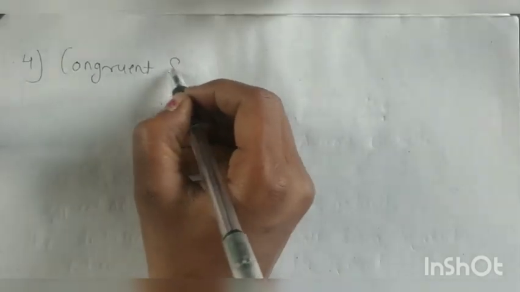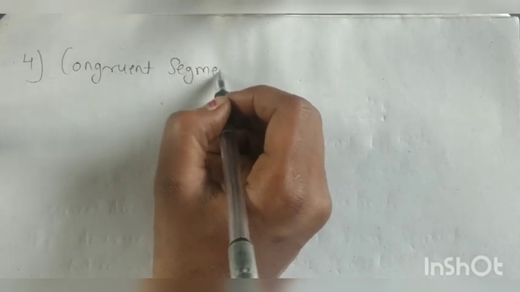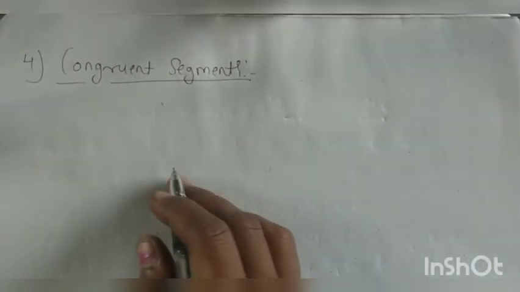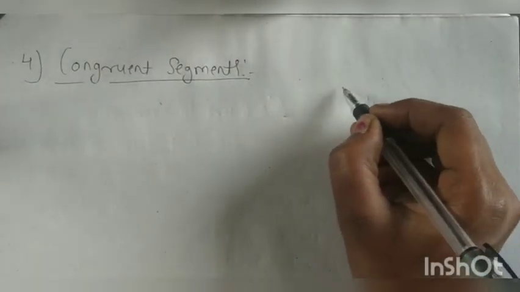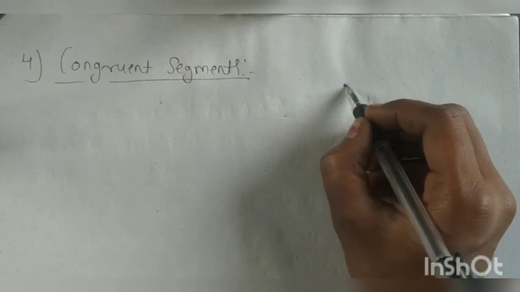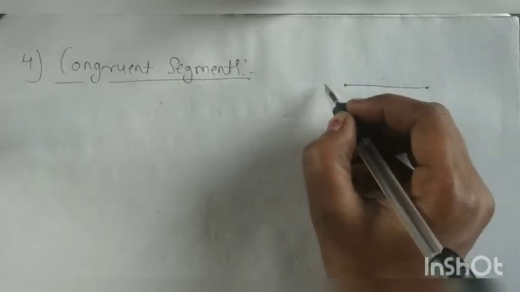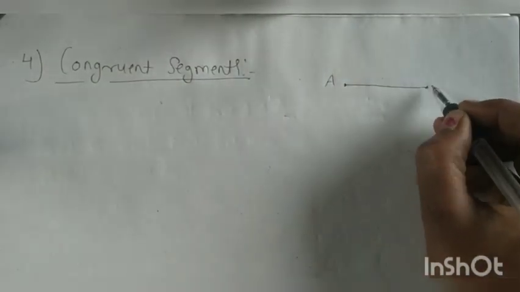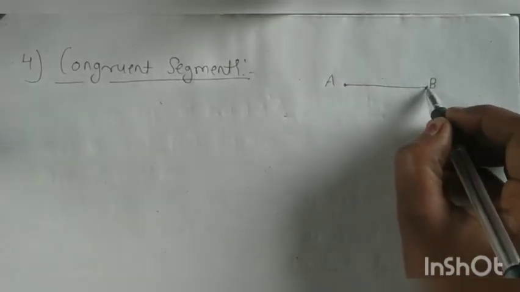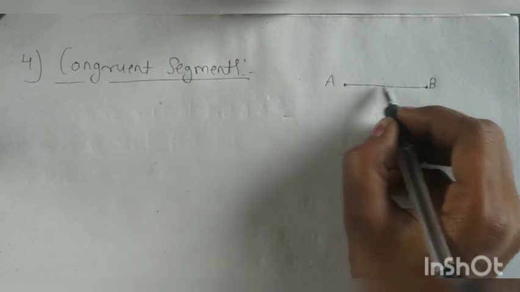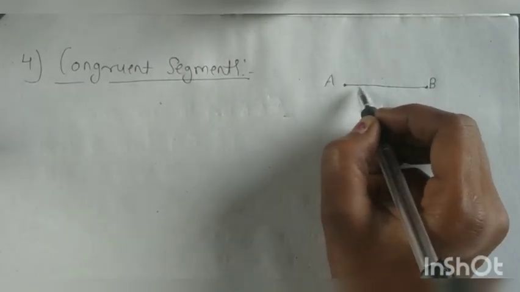Congruent segments. Suppose we have a segment AB. This is point A, this is point B. It's connected, so this is called segment AB.